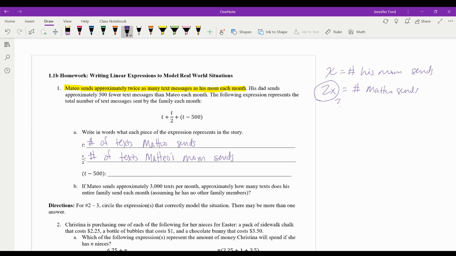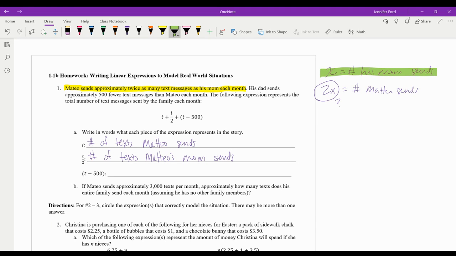So this shows that when I did my first initial thinking, I was thinking of having X be the number of texts that his mom sends, but in this situation, T is representing the number of texts that Mateo sends.